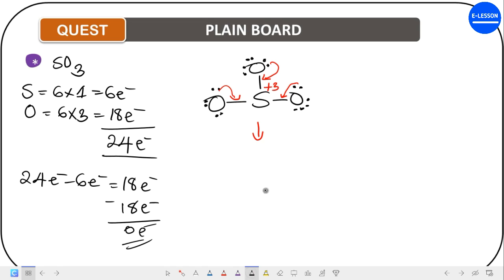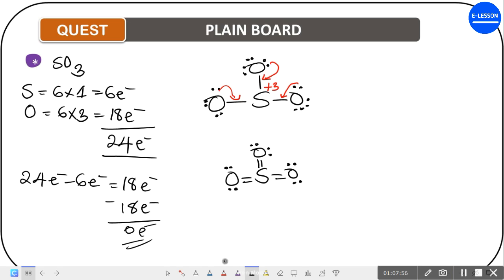So this gives us sulfur double bonded to oxygen, double bonded to oxygen, double bonded to oxygen. Are you getting it now? And then of course you have 2 lone pairs of electrons on each oxygen. Alright, so this is the correct Lewis dot structure of sulfur trioxide that is accepted.